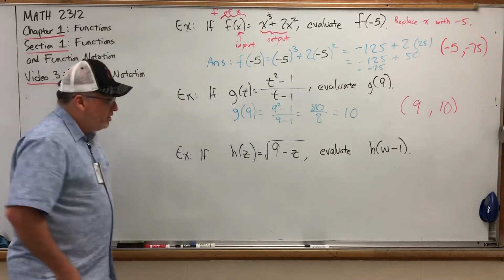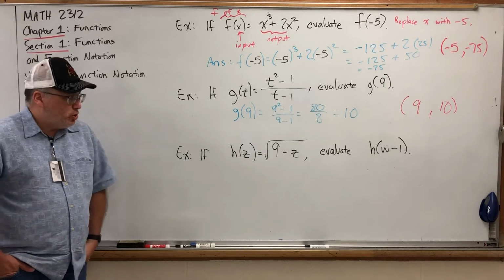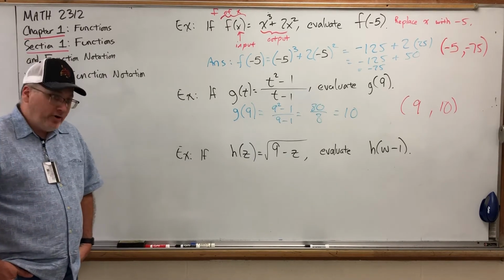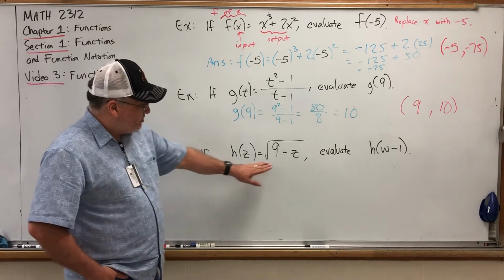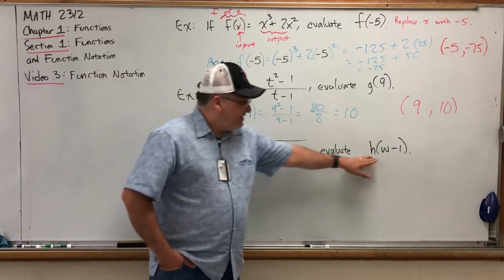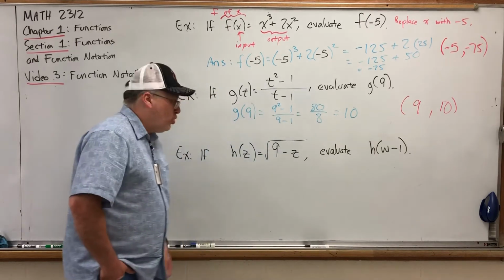Sometimes, however, the things you substitute into a function aren't numbers, but rather other expressions. For example, if h of z equals the square root of 9 minus z, let's evaluate h of w minus 1.